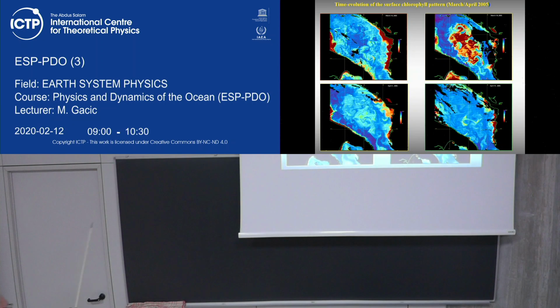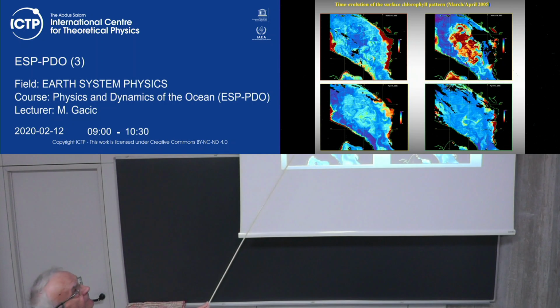And just to give you an idea how it works and how we can understand this: the physical characteristics of the dense water formation are exactly the same here as in the Labrador Sea, except that here it is much easier to study this kind of thing because of logistic reasons.